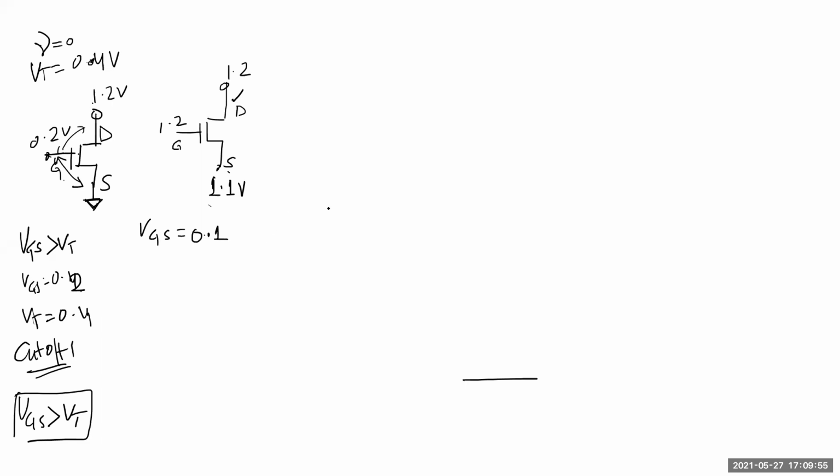Everyone agrees with this? So you don't need to find out what VDS is. If it is in cutoff, that's it. You don't have to know what VDS is now because the transistor is off. It's only when it is on, then you figure out if it is in saturation or in linear region.